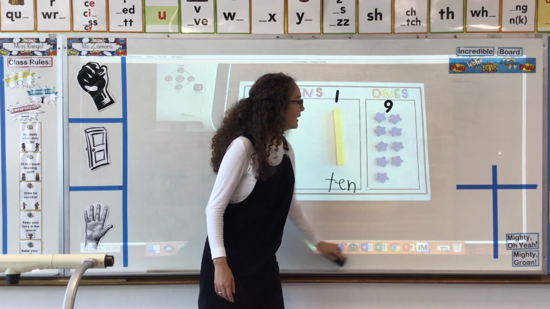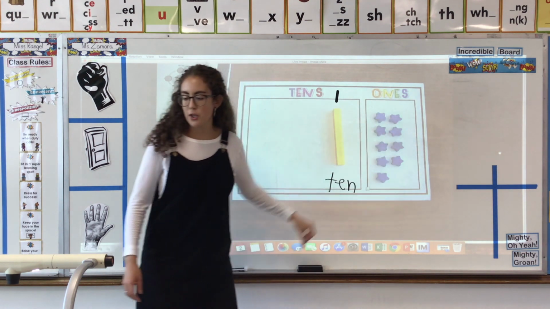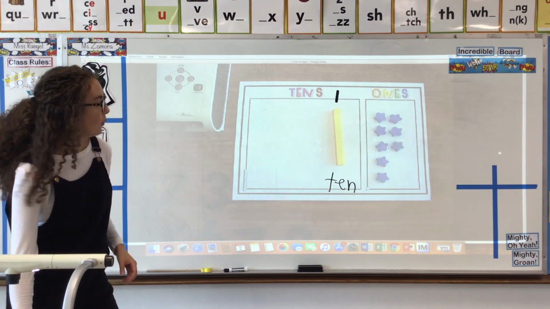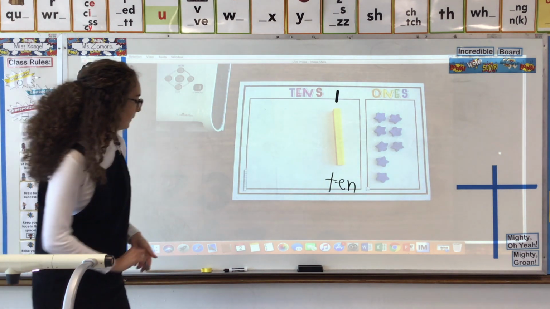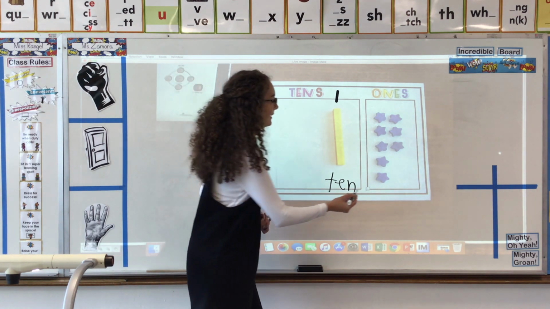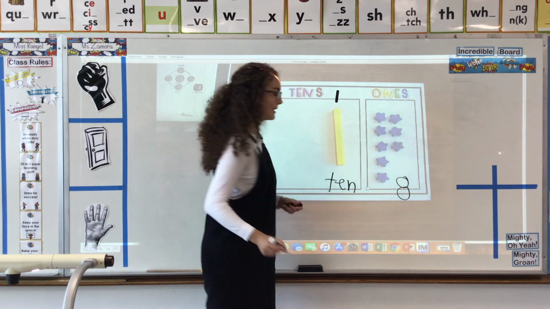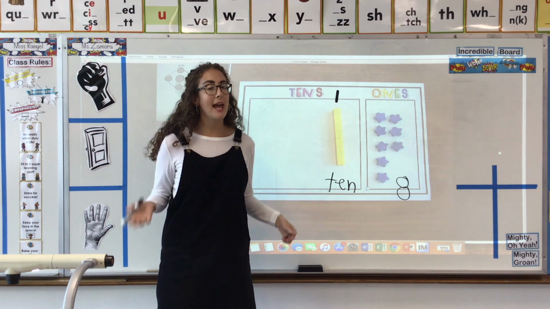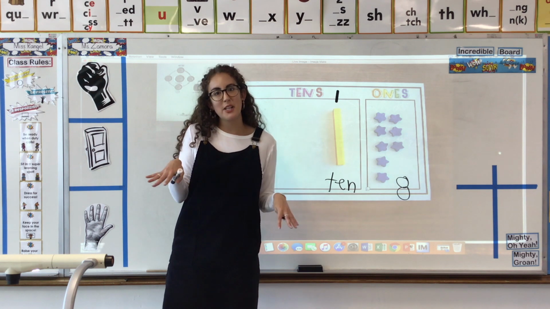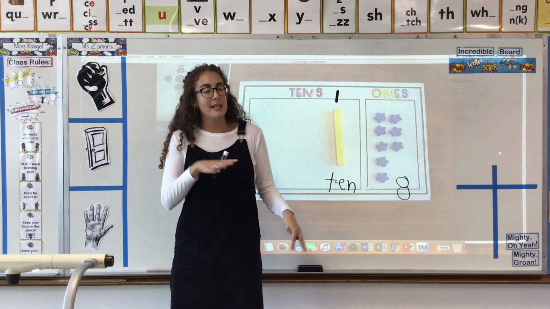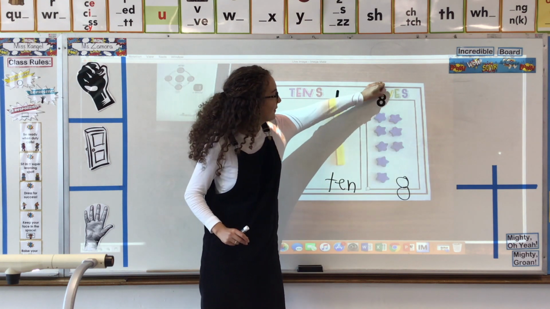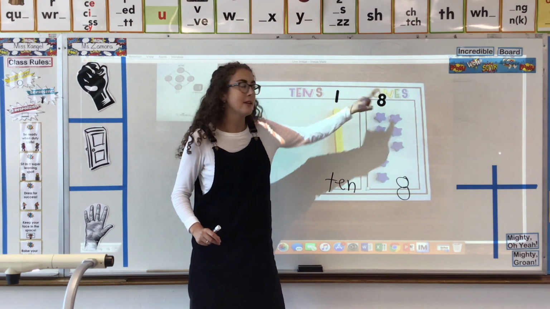What about if I took away a counter? If we took away a counter, what number is this now? 10 what? 10, 8. And 10, 8 is which number in the regular way? 10, 8 is 18.